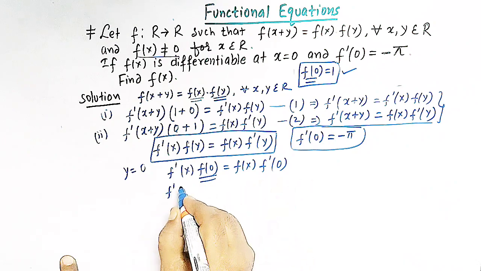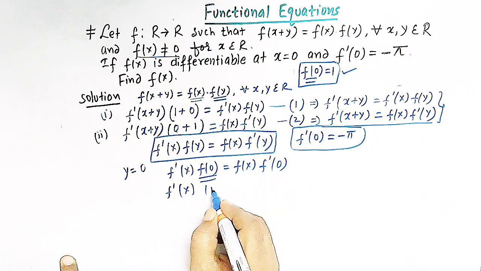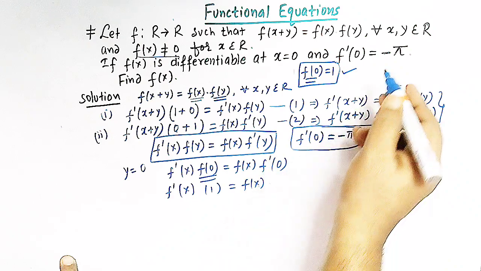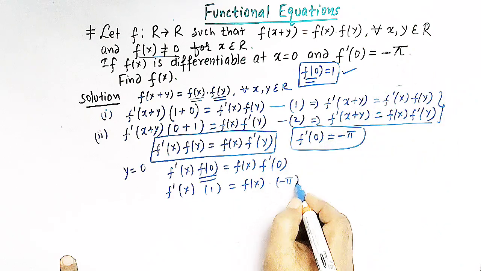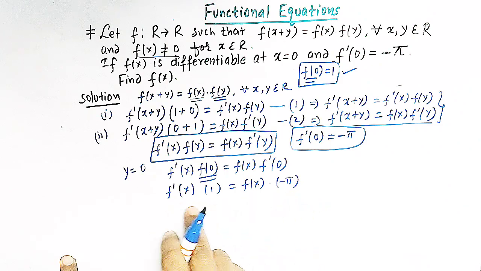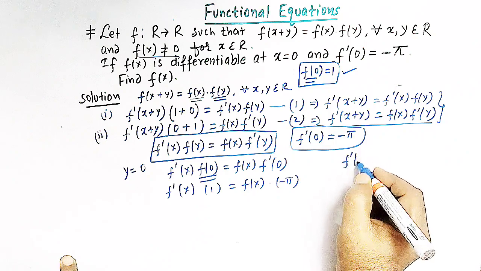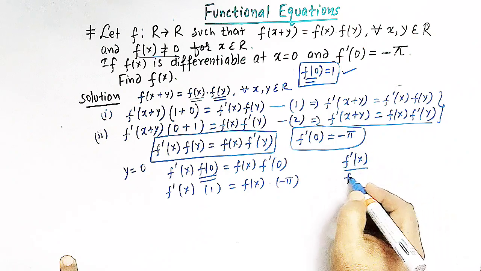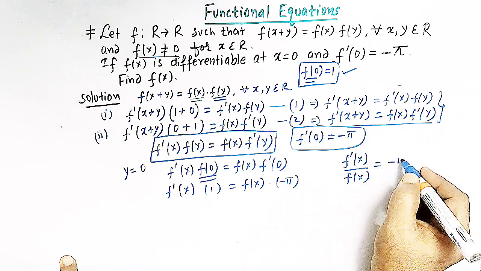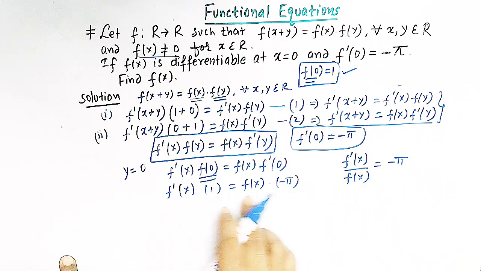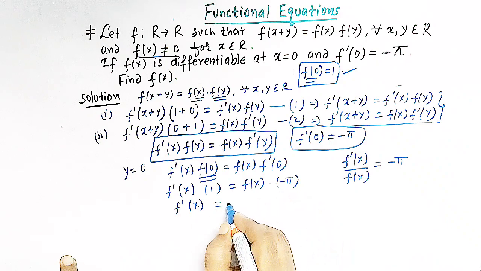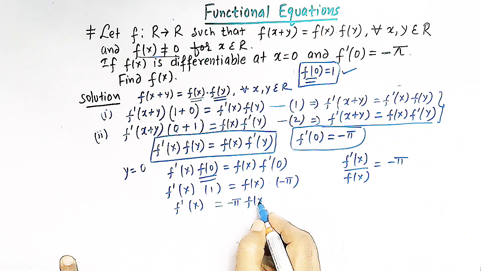So we have f prime of x, here we have simply 1, and here we have f of x, and f prime of 0 is minus pi, right? So now let us rearrange this equation. So we can now write f prime of x divided by f of x, and here we have simply minus pi, because this equation can be written as f prime of x equals minus pi f of x.